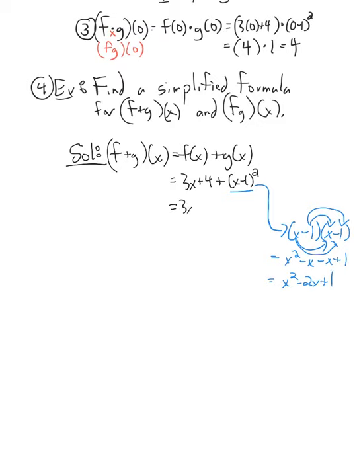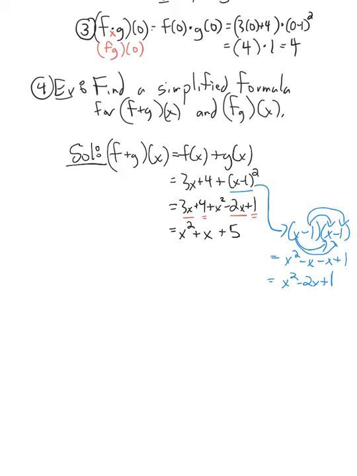So this is 3x plus 4 plus x squared minus 2x plus 1. Let's combine our like terms. Well, 3x minus 2x is 1x. In fact, maybe let's write it in decreasing power order. So we'll do x squared first. That's just by itself. And then we have 3x minus 2x is plus 1x. And 4 plus 1 is 5.